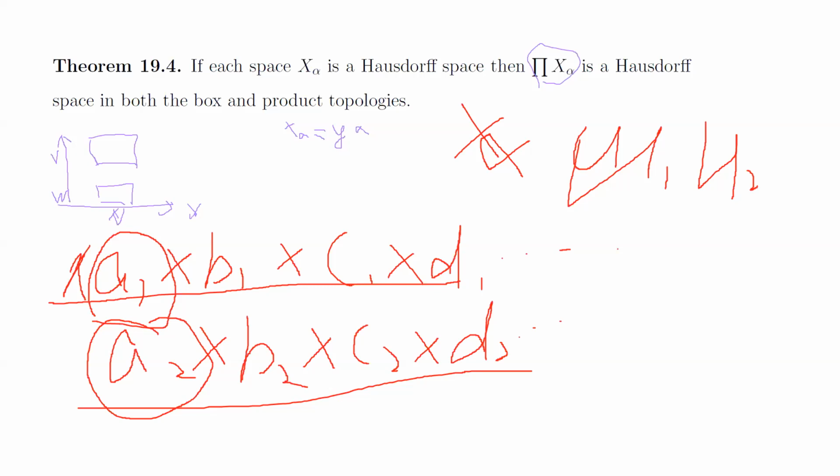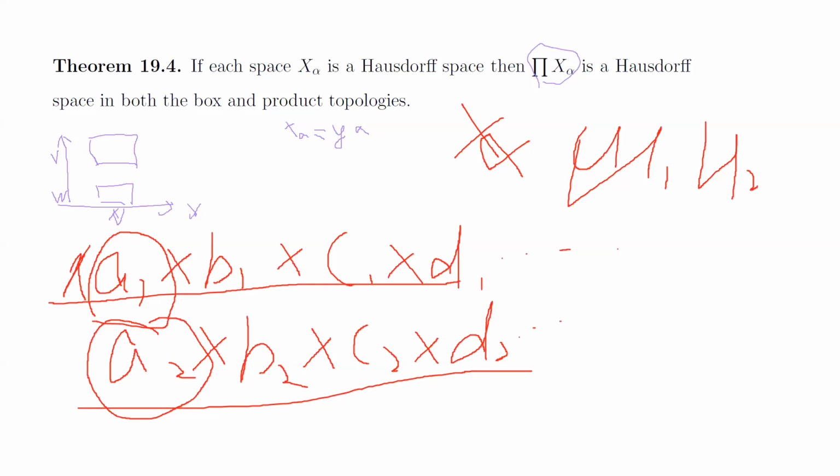Yeah, exactly. We just need to find one coordinate that is not the same, then they're disjoint, right? Yes. Then it's a little confusing here.